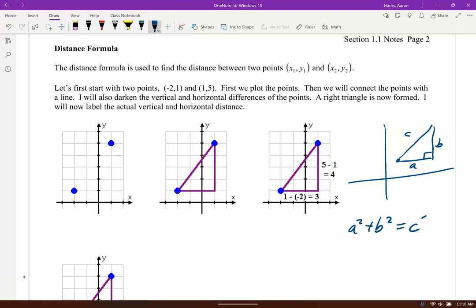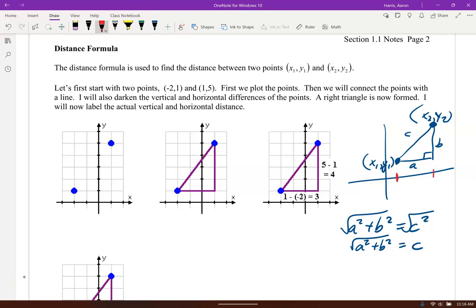So in other words, the distance from x1, y1 to x2, y2 would be this distance c. We solve for distance c by taking the square root. So the square root of a squared plus b squared would be the distance c from x1, y1 to x2, y2.